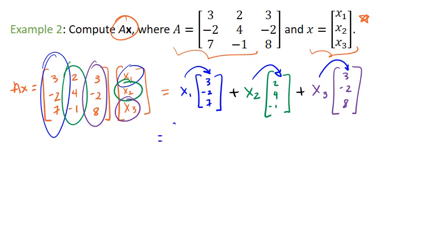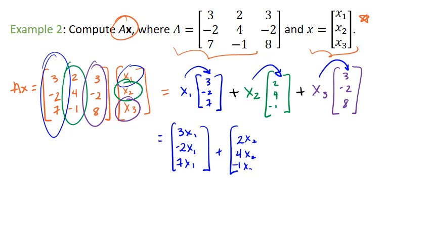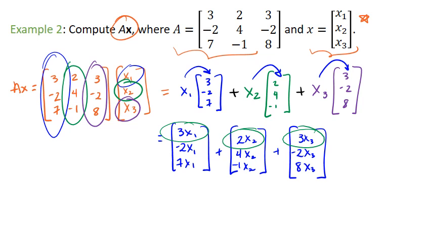So we end up with the following matrices: 3x1, negative 2 times x1, 7x1, plus 2 times x2, 4 times x2, negative 1 times x2, plus 3x3, negative 2x3, 8x3. All right, and then we will put them all together by adding the corresponding entries to get the following.